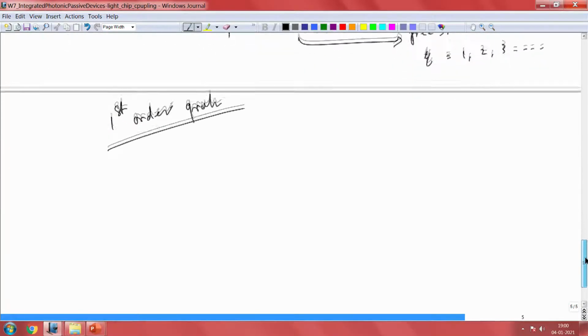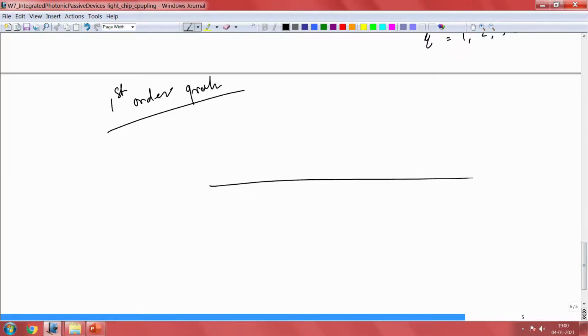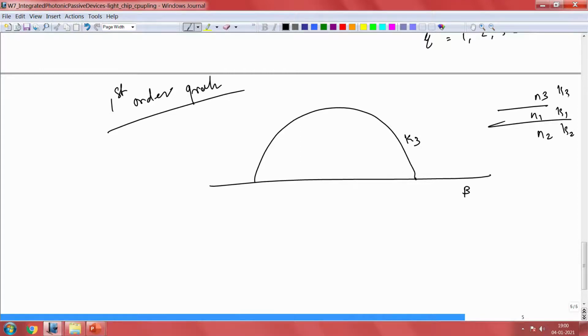We will just draw the k space. So this is our beta. We will have two semicircles, for n1, n2 and n3, so that means k1, k2 and k3. Because k3 is the lower index, you will have a smaller circle.